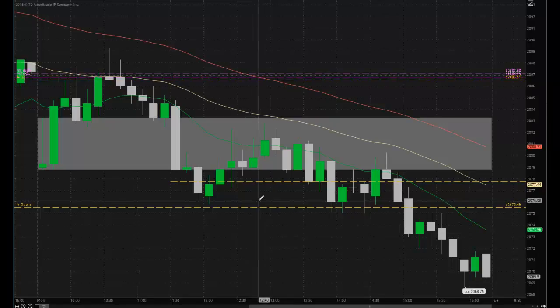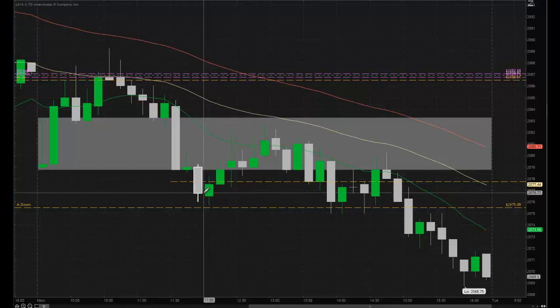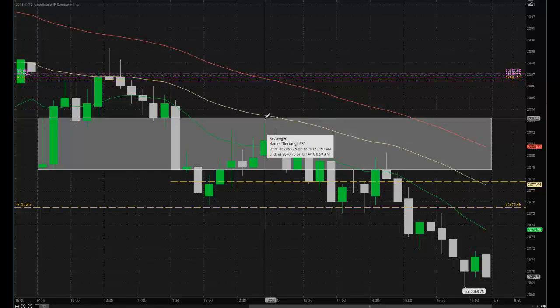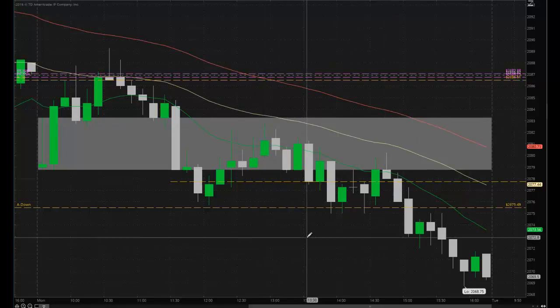However, like I said, you didn't want to short here once the C down confirmed. Wait for a bounce, okay? Then short. If you would have shorted in here, where's your stop? Right here. This is a very small risk right here, okay? So this is a very small risk trade with a big reward, okay? And that's the way you want to think.